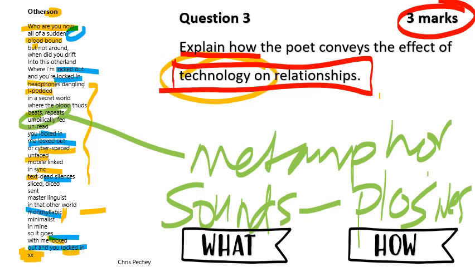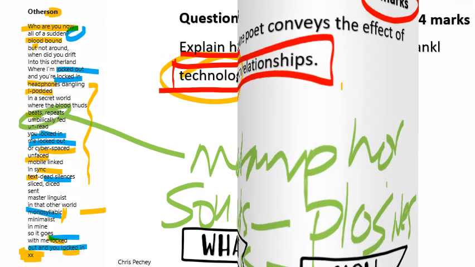So we have to make sure that we join the what and the how together in our answer. So again, identify a technique. If it's 3 marks, you should try to identify more than one and give more than one example. Identify technique, quote an example, say what it's doing through the verb, analyze the effect.